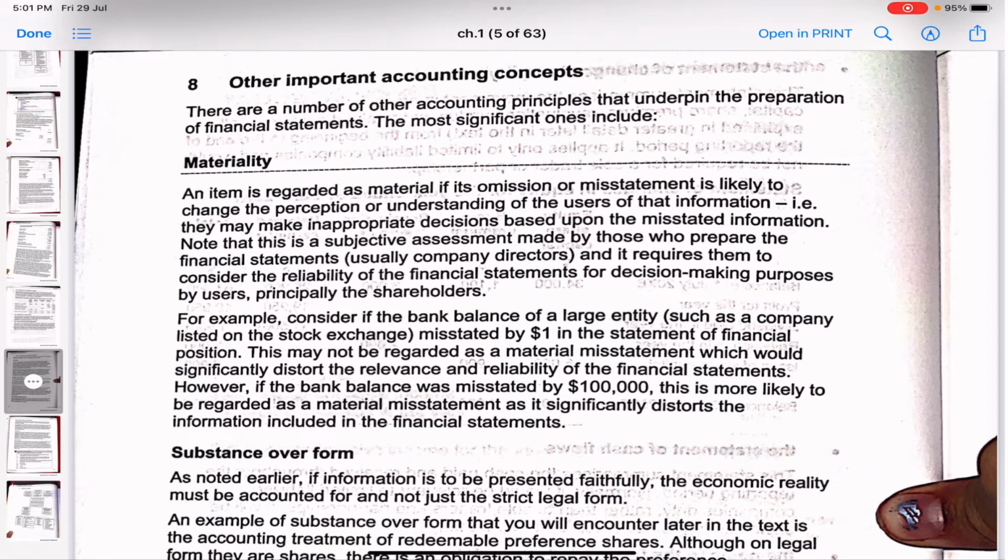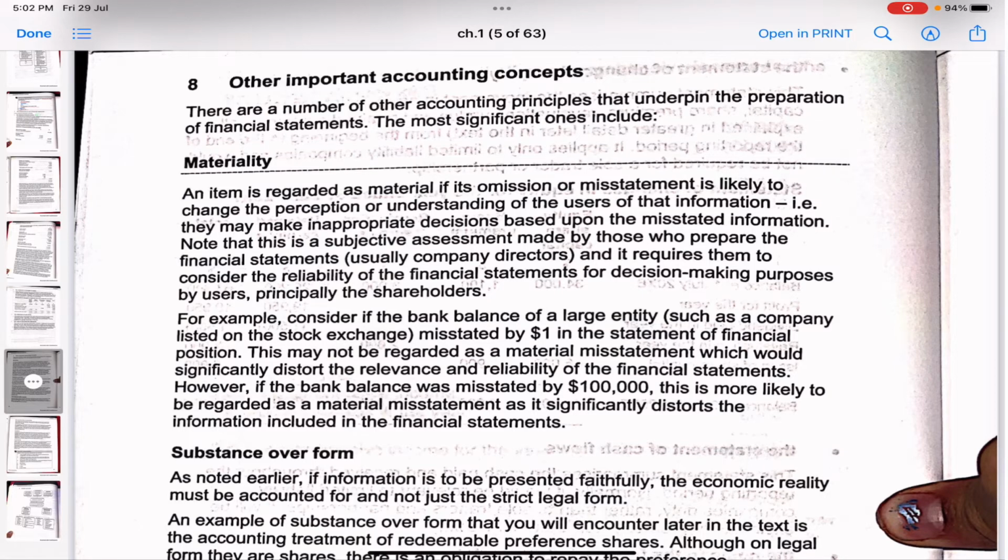An item is regarded as material if its omission or misstatement is likely to change the perception or understanding of users of that information. If you can recall, we have done what materiality is in the business and technology exam, when we were studying audit. So, what is materiality?